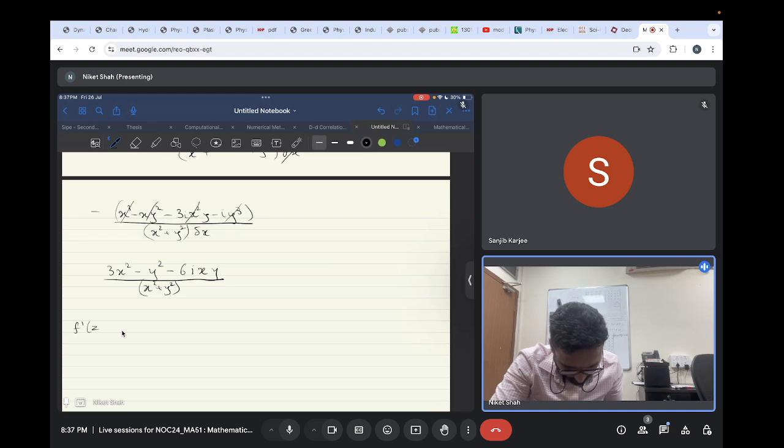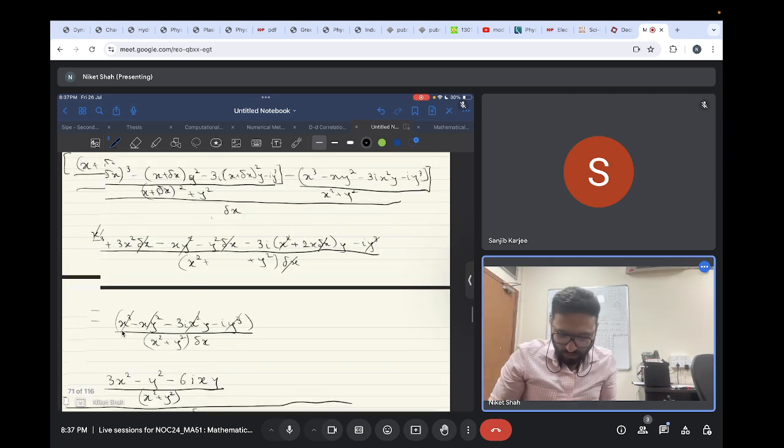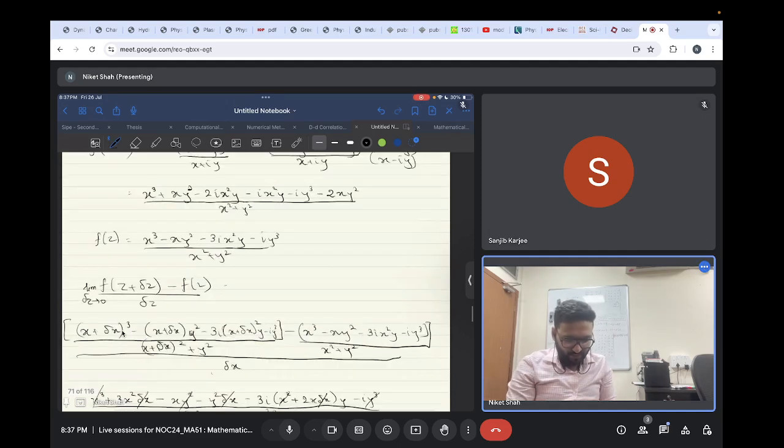F prime of z is equal to, now, okay, let's align here. Now delta z is equal to i delta y only. So in this new case, I can simplify things a little bit or do this quicker.